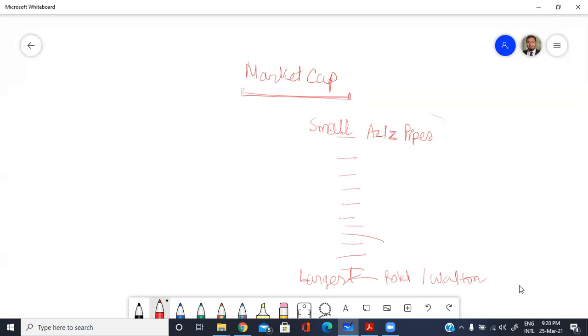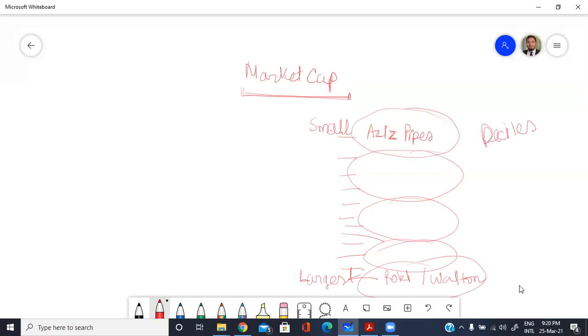Now, is it possible to make deciles of these groups? Deciles group companies or observations into how many groups? Ten groups.